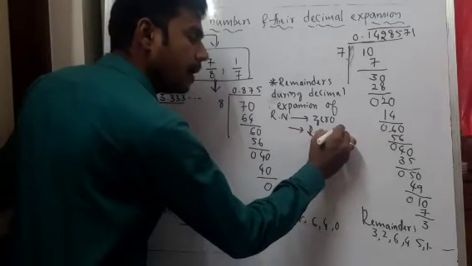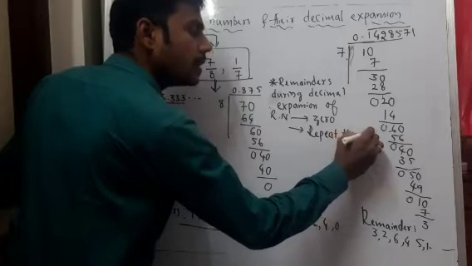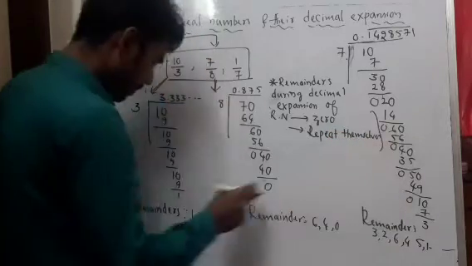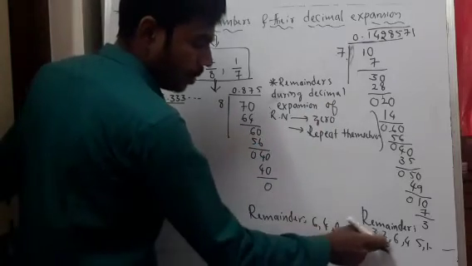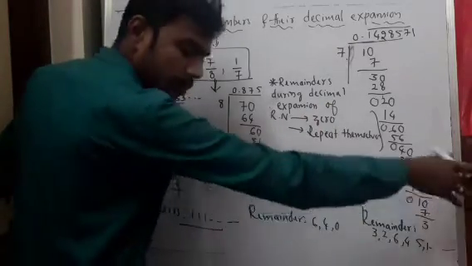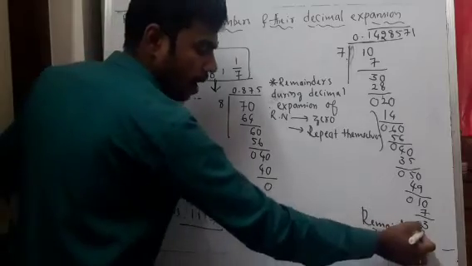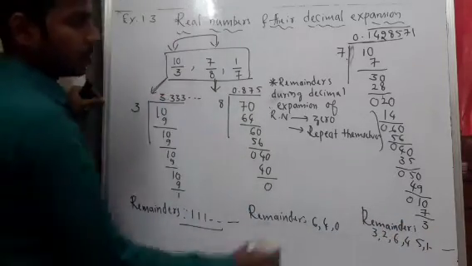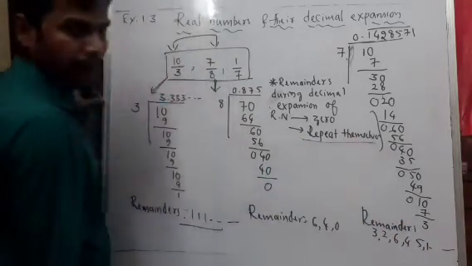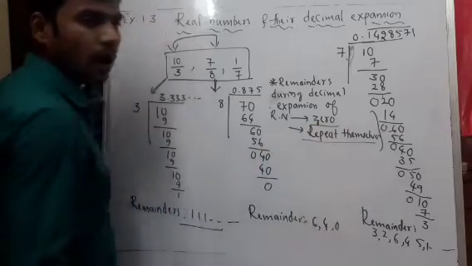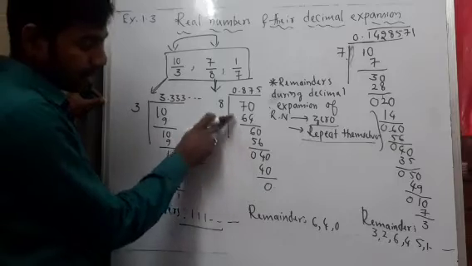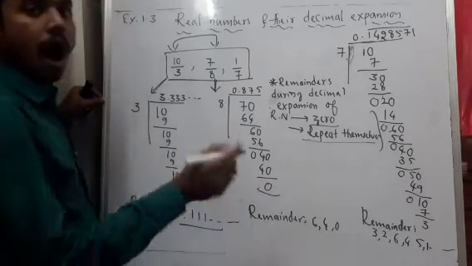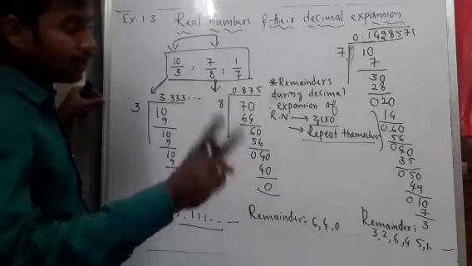What does it mean? Remainders repeat themselves. See, here the remainder is repeating. Here also, 3, 2, 6, 4, 5, 1, again 1, 3, this is going to repeat. So either remainders will repeat, or else it is going to become 0 after certain steps.